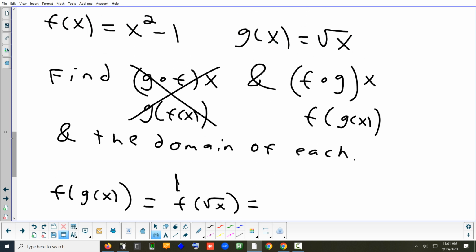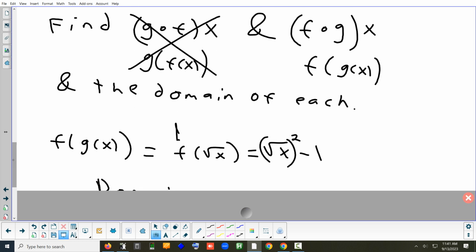So what would you get unsimplified if you did that? Well, Jacob, what would you get? Square root of x squared minus 1. Perfect. Square root of x squared minus 1. Now that simplifies. What do you get when you do the square root of x squared?